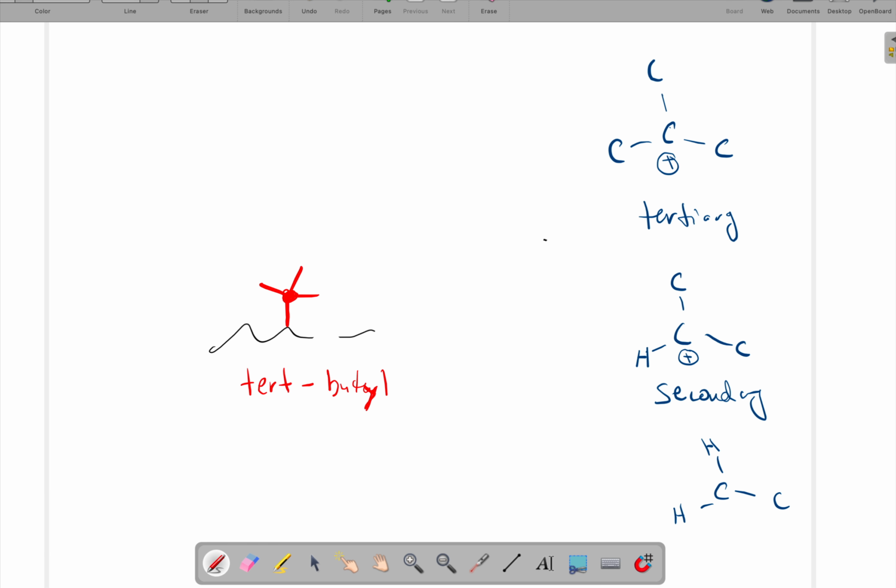Well, just like we did with the isobutyl or the iso and the sec position, could I do this even more? Of course, why not? So now what should I call it?